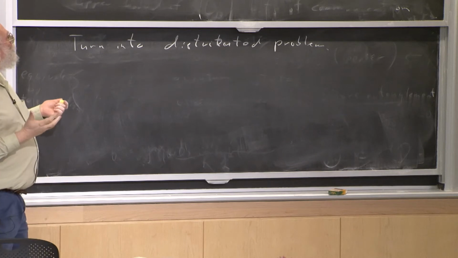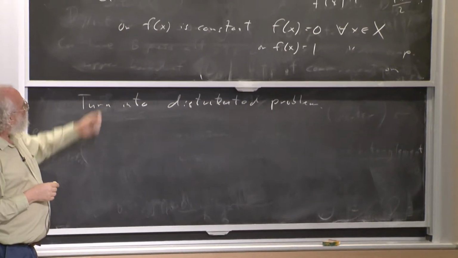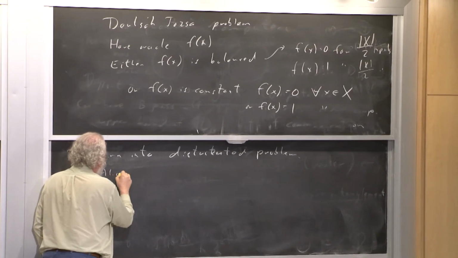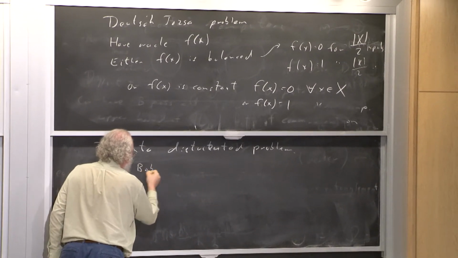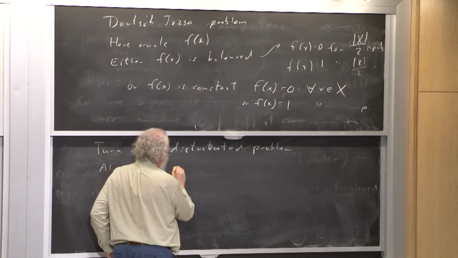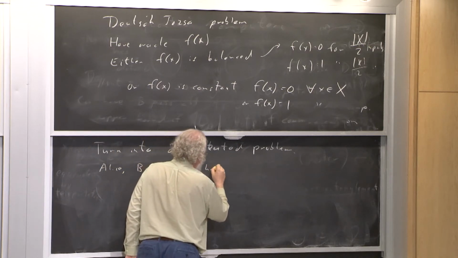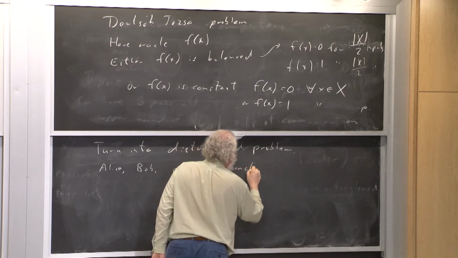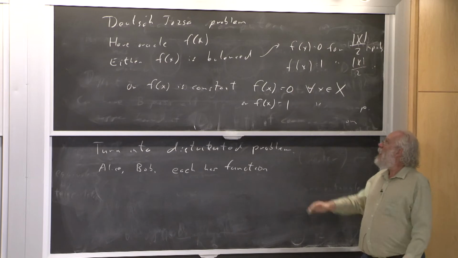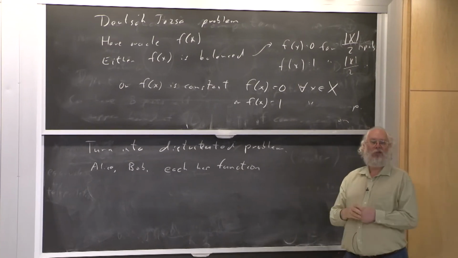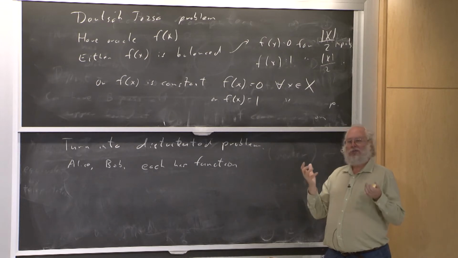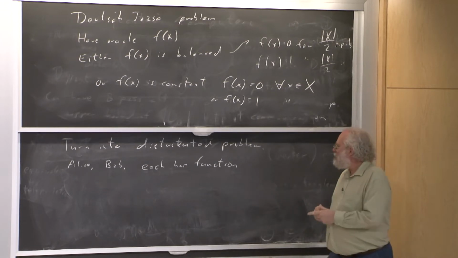So how does this work? Well, let's say we have Alice and Bob, and each of them has a function. And now, in this case, rather than having the function given by a black box, we have the function given by a lookup table.